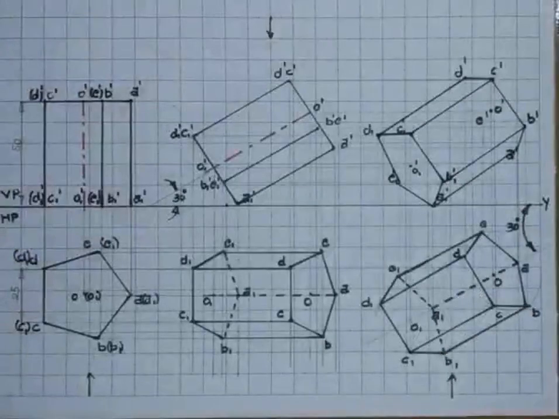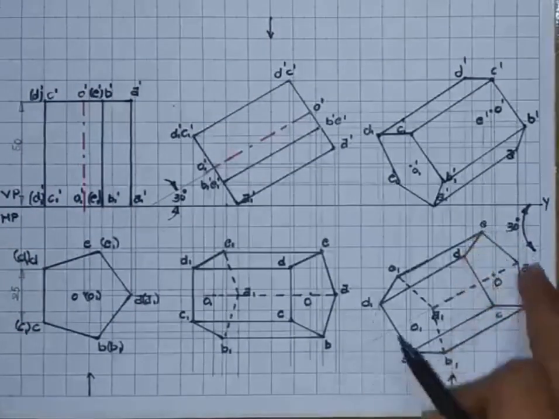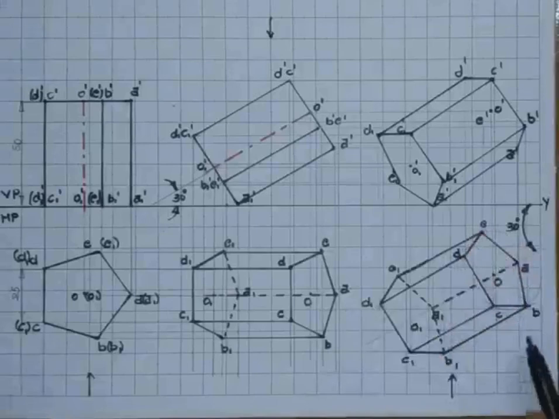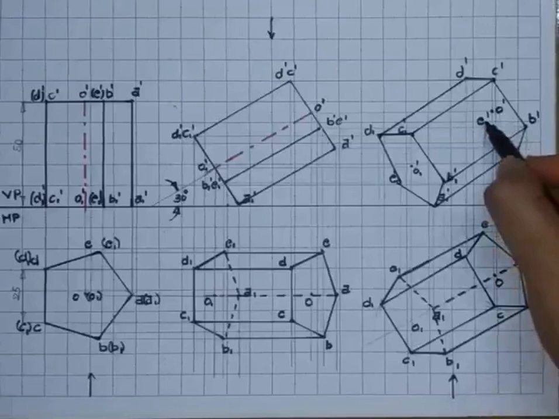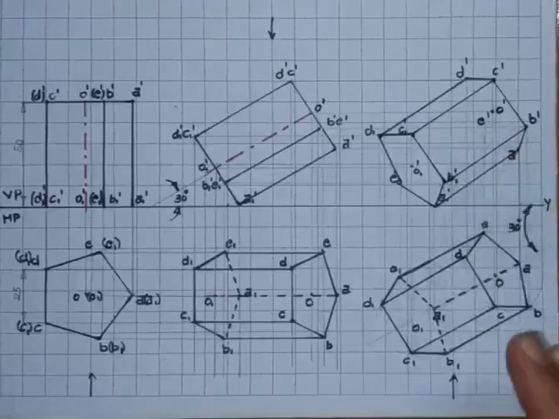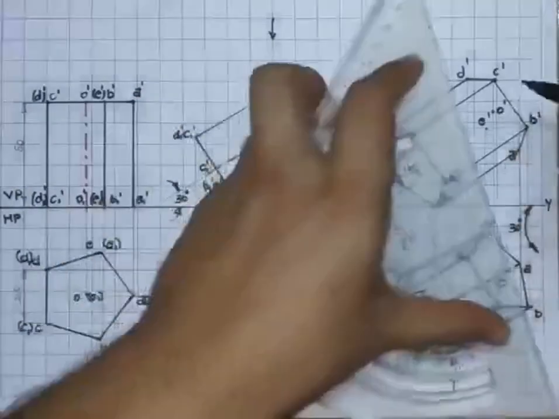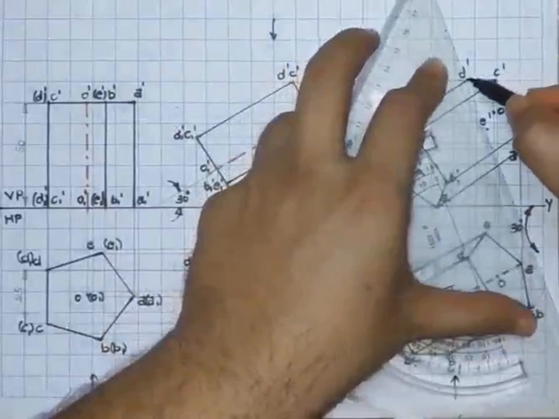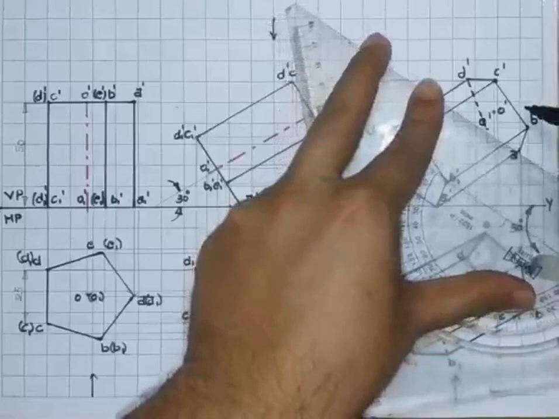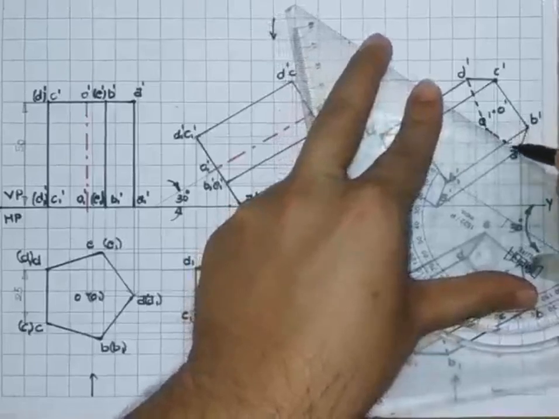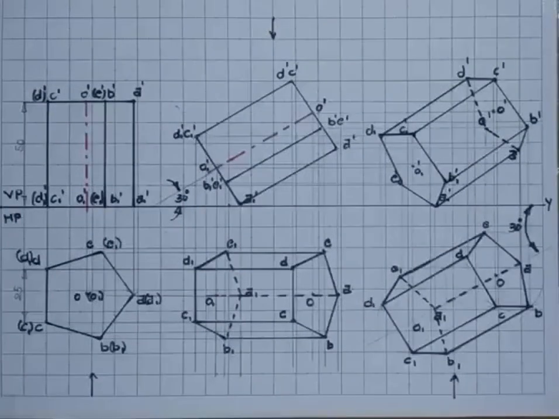Now you need to check which of the top face points is invisible. If you observe here, E is the farthest point from the observer. Point E is here, right? So point E will be invisible. So you connect E to D with a dashed line. Similarly, E to A with a dashed line, which indicates the edges A to E and E to D are invisible.